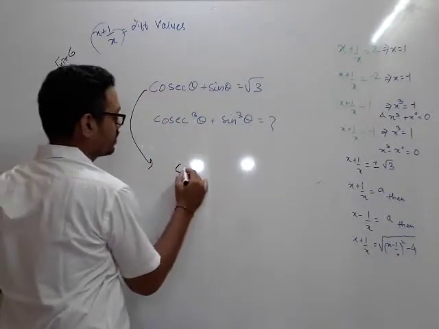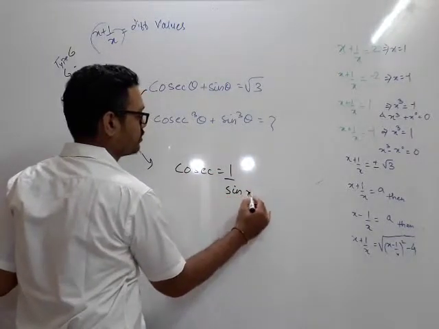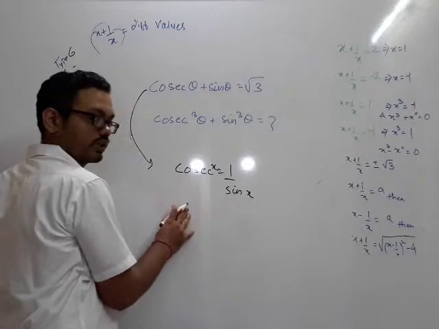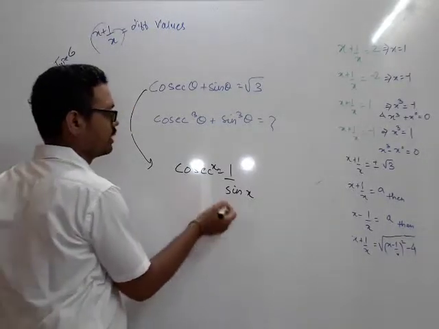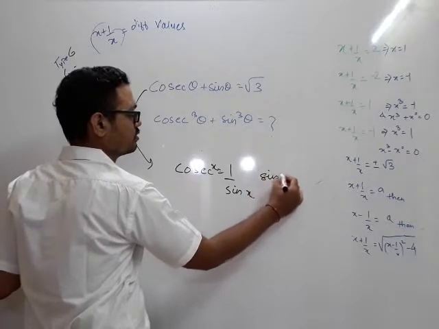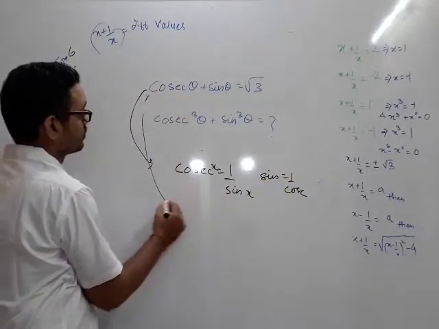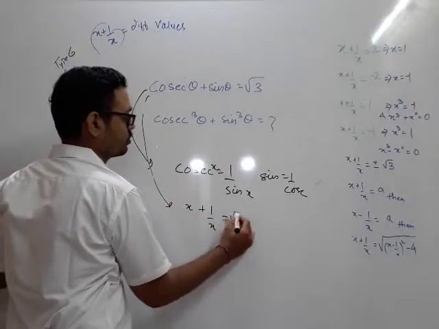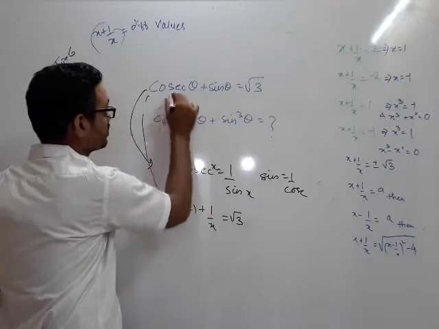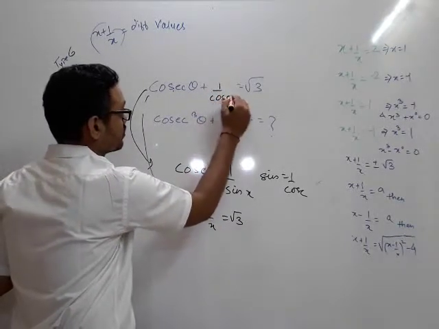Cosec is nothing else, it is 1 upon sine. Okay, if you don't know, once we do trigonometry, we'll do the basics of this. And sine is 1 upon cosec. So this term can be written as x plus 1 upon x is root 3. If cosec is root 3, sin theta I will write it as 1 upon cosec.